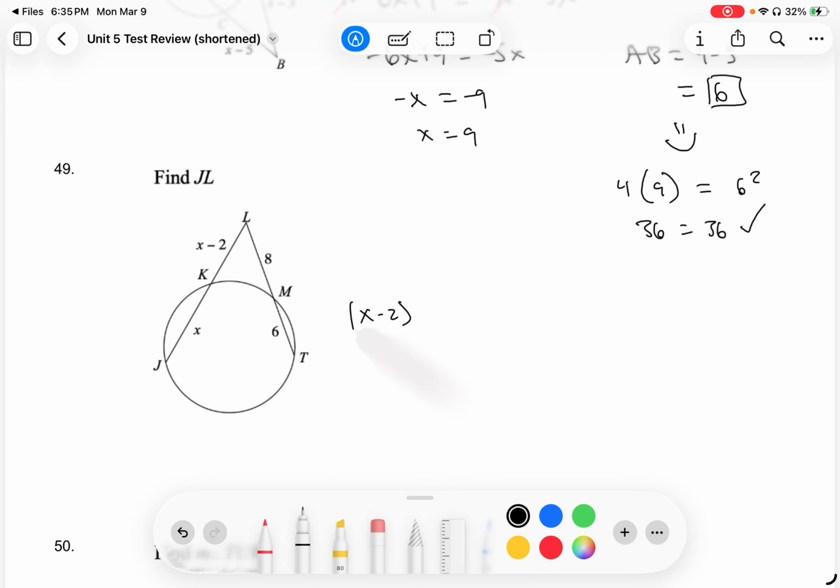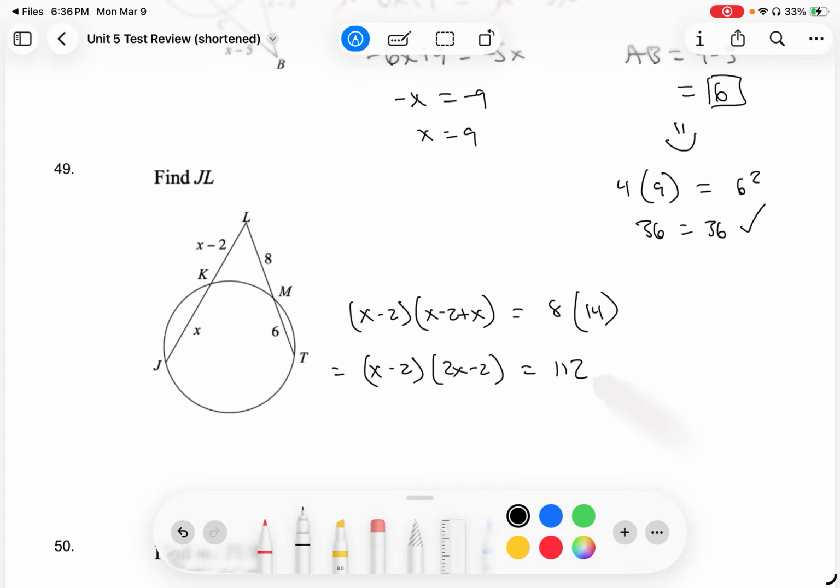The exterior portion of one secant times the entire length of that secant is equal to the exterior length of the other secant times the entire length of that secant. So (x minus 2) times (2x minus 2) equals 8 times 14, which is 80 plus 32, which is 112.